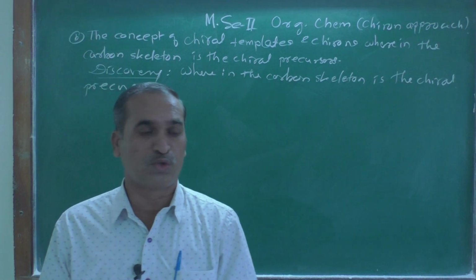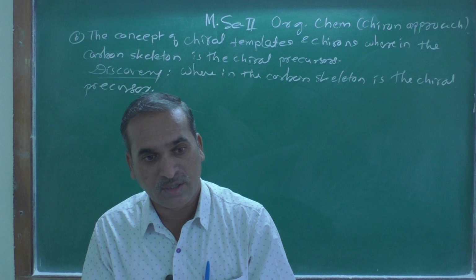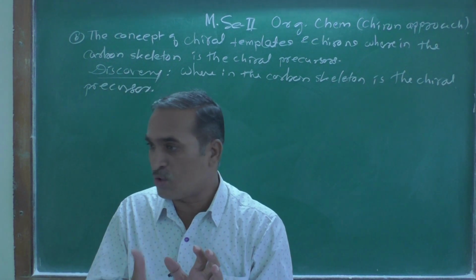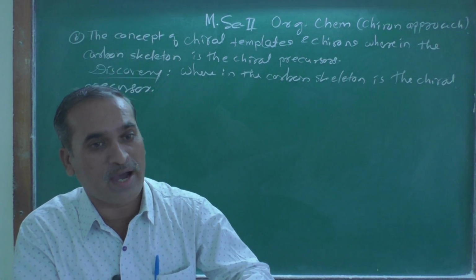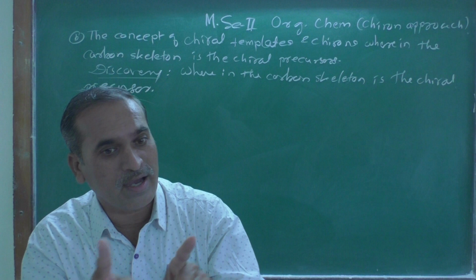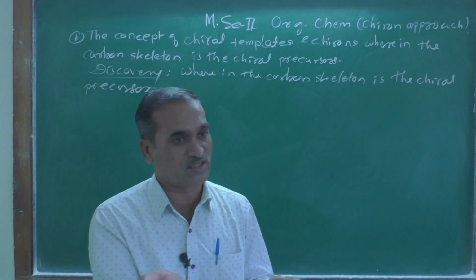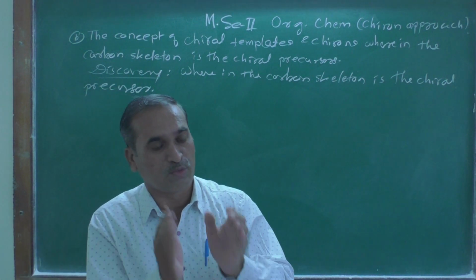We are going to use a retrosynthetic analysis approach, but via the chiron approach. We are not going to go anywhere else. We have to go via the chiron approach, because general retrosynthetic analysis is different from this one.